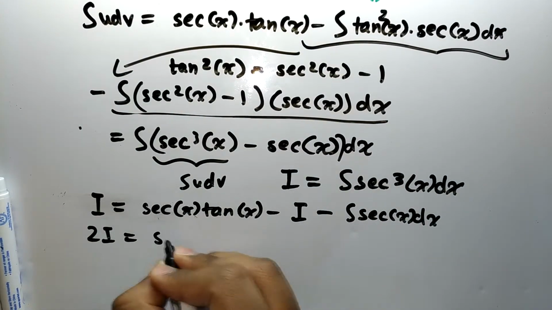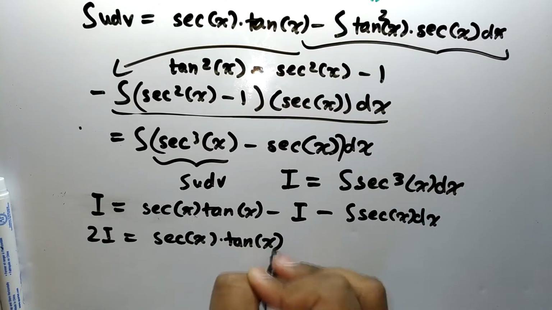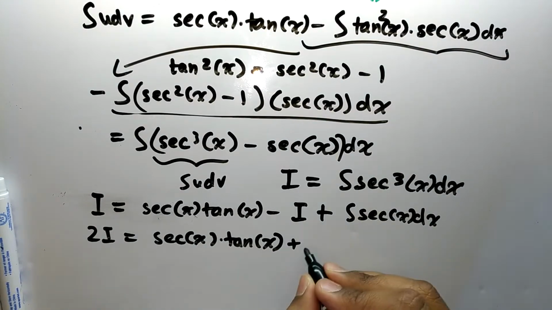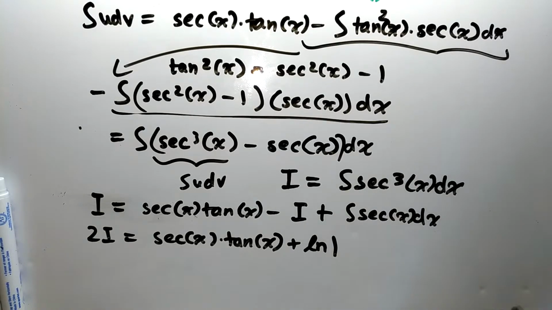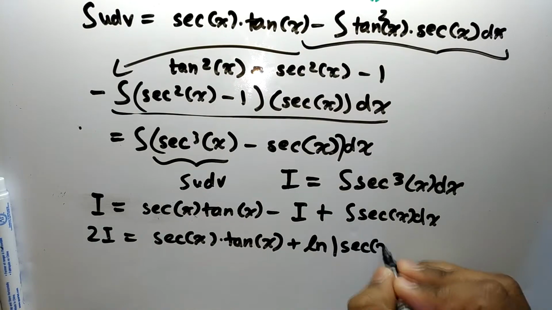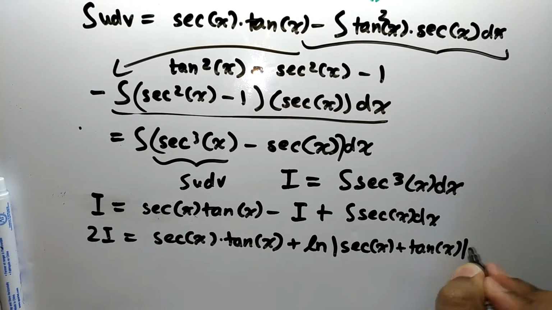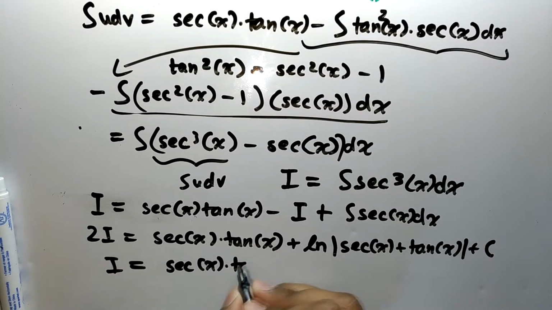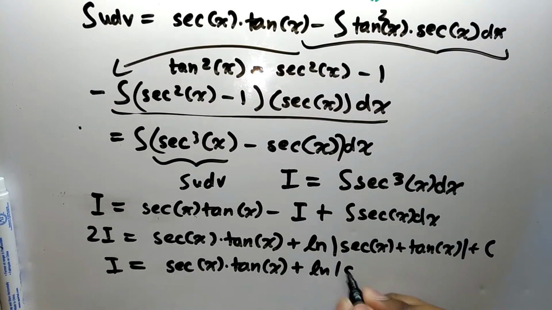And if you remember from integrating by inspection, the integral of secant x is just ln of secant x plus tan x. Yes, I believe that's correct. And then we can just do the same thing. We can divide the right hand side by 2.